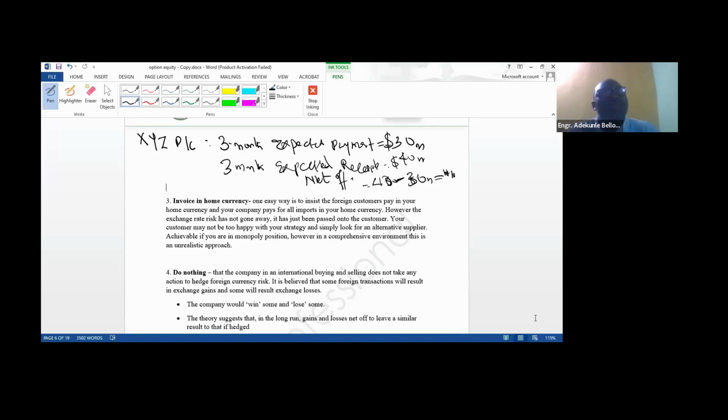The total selling price of the products will be quoted in Naira. It is now left for the customer in the US to look for Naira and pay you.